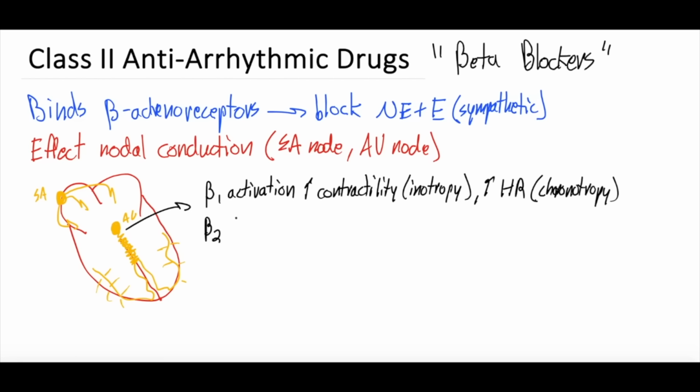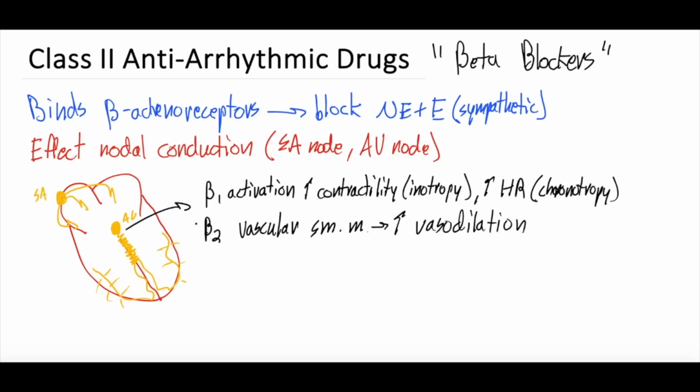Beta 2 receptors have more action on vascular smooth muscle, and activation of them, smooth muscle will abbreviate SMM, so increasing them, causes vasodilation of smooth muscles.